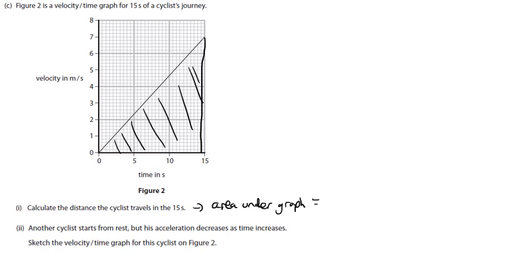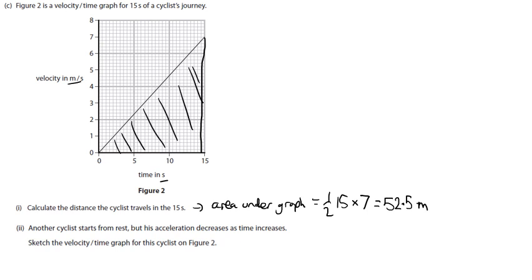So that's just going to be a half of the base times the height. So a half of 15 times 7. And if you put that into your calculator, you get 52.5. What are the units? Well, it's meters per second times second, so it's meters. So 52.5 meters.